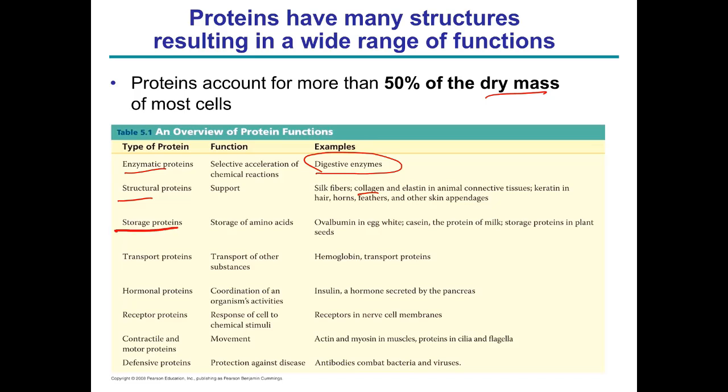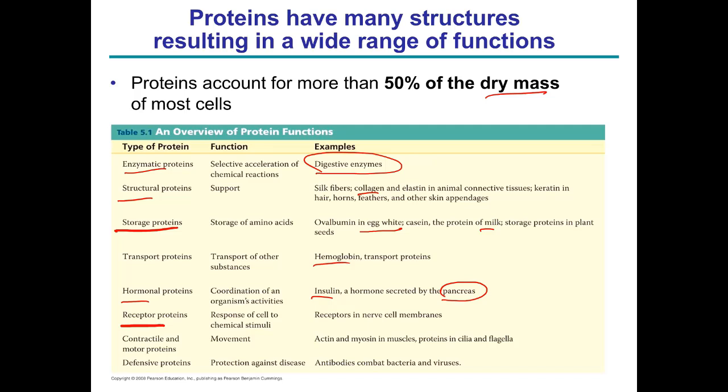They can have the function of storage, particularly in egg white and also in milk. They can be transport proteins, such as hemoglobin, that is involved in transport of oxygen. They can be hormones that signal, for example, insulin, which regulates the blood glucose level and is secreted by the pancreas. They can be receptors on the surface of the cell that are responsible for signaling.